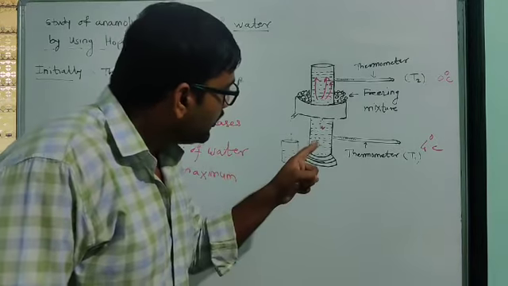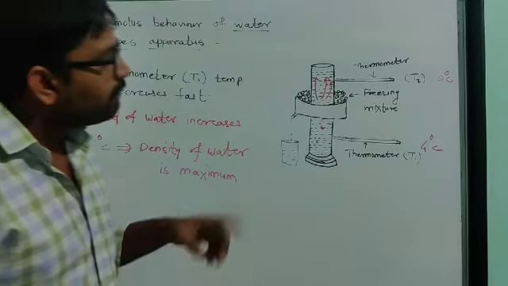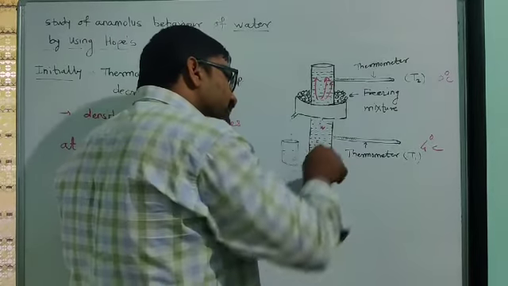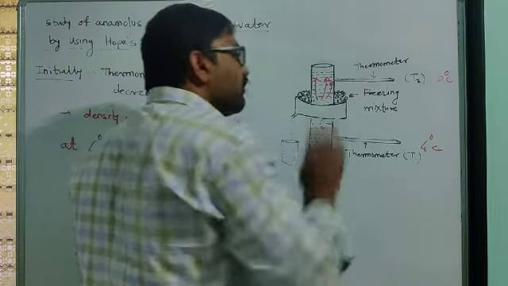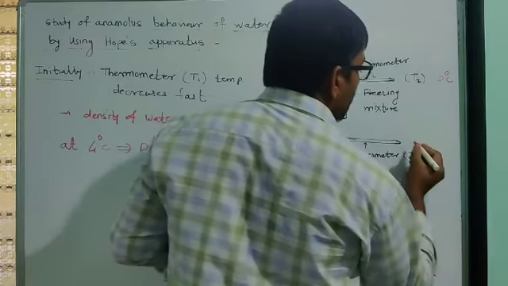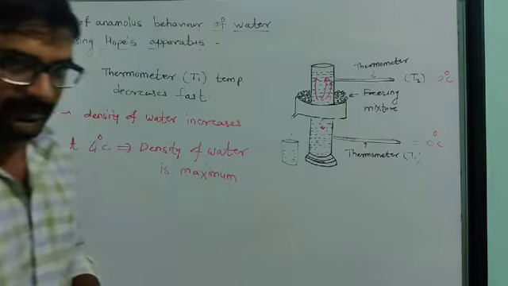Once T2 reaches 0 degrees, the temperature of thermometer T1 falls, and after some time it will reach 0 degrees Celsius.